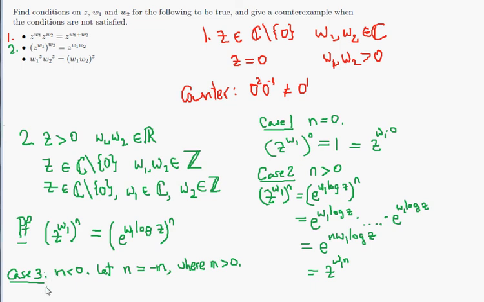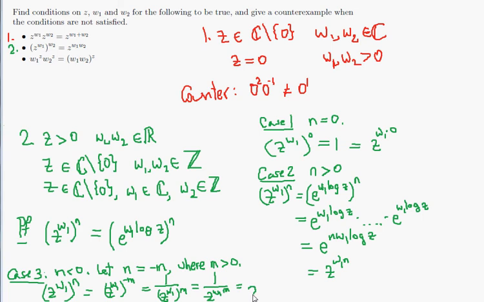Then let's take a look at this. So z to the w1 to the n is equal to z to the w1 to the negative m. By definition, that's equal to 1 over z to the w1 to the mth power. m is positive, and so I can write this as 1 over z to the w1 to the m.